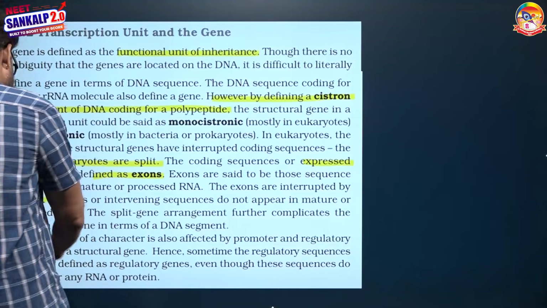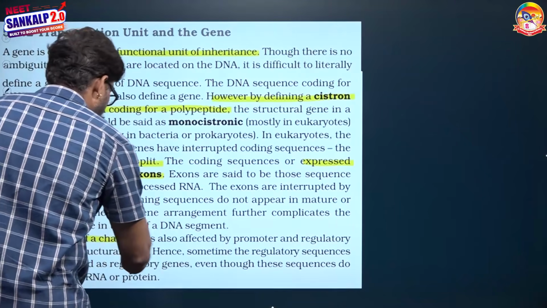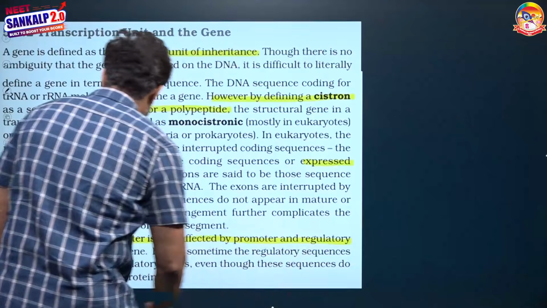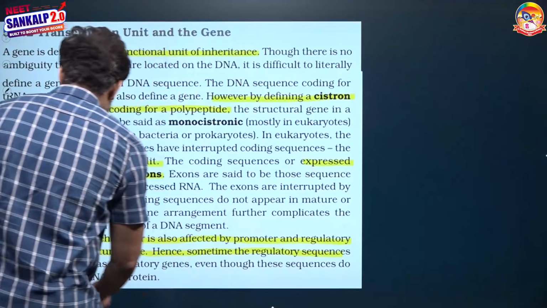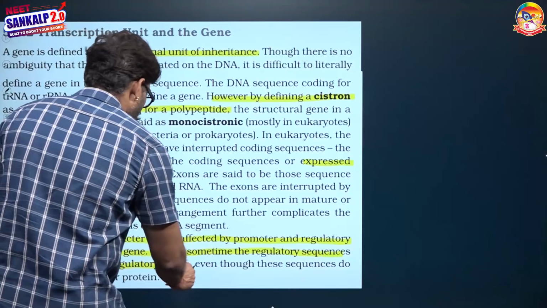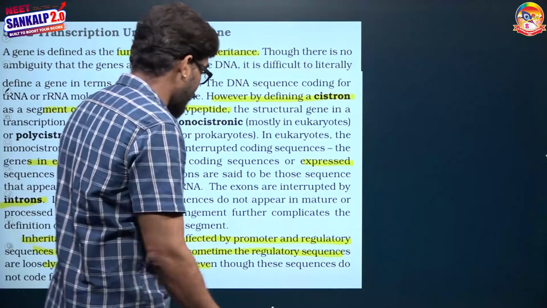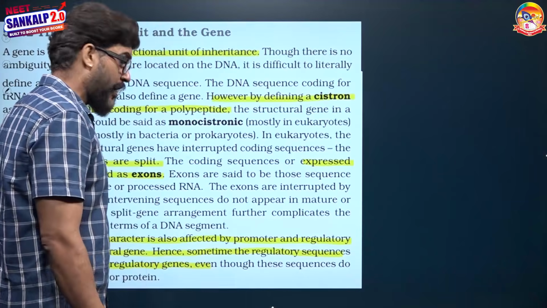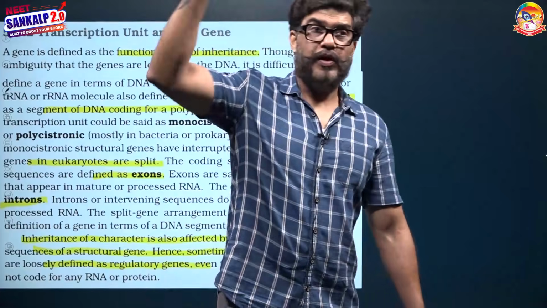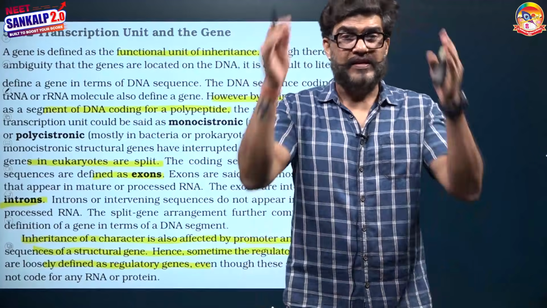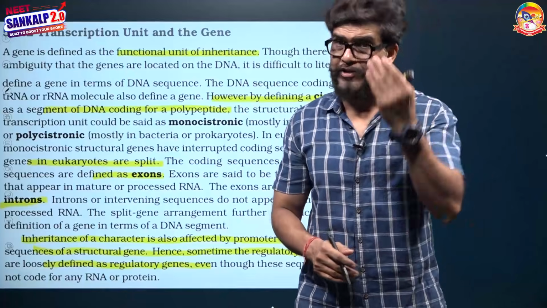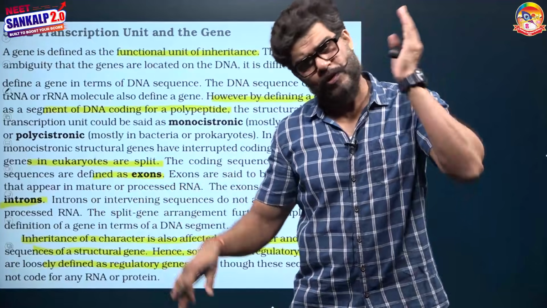Inheritance of a character, a very important line, just keep in memory, is also affected by the promoter and regulatory sequences. Hence, sometimes regulatory sequences can also be defined as a gene, even though they are not taking part in RNA and protein formation. So every segment of the DNA which gives rise to a protein is called a gene. Any segment of the DNA which gives rise to RNA but does not produce protein is also called a gene.